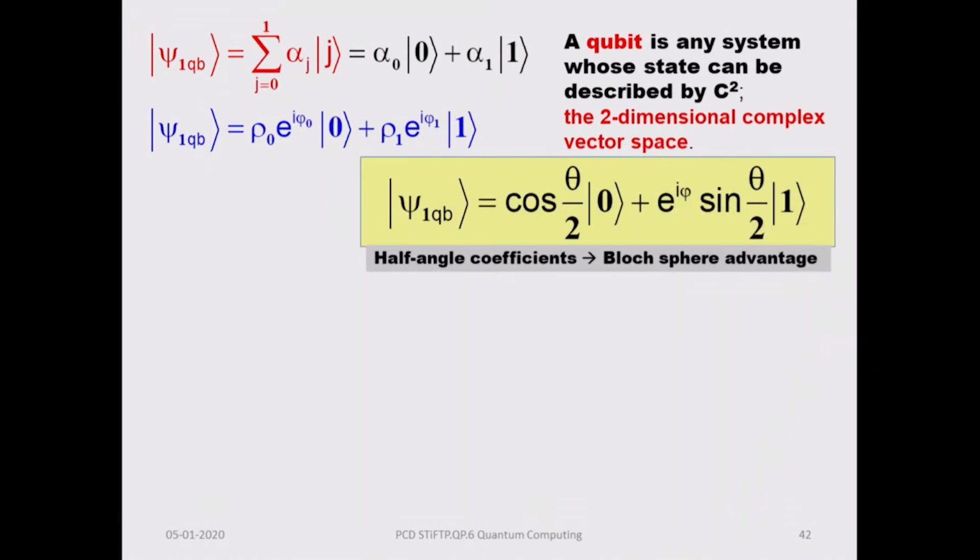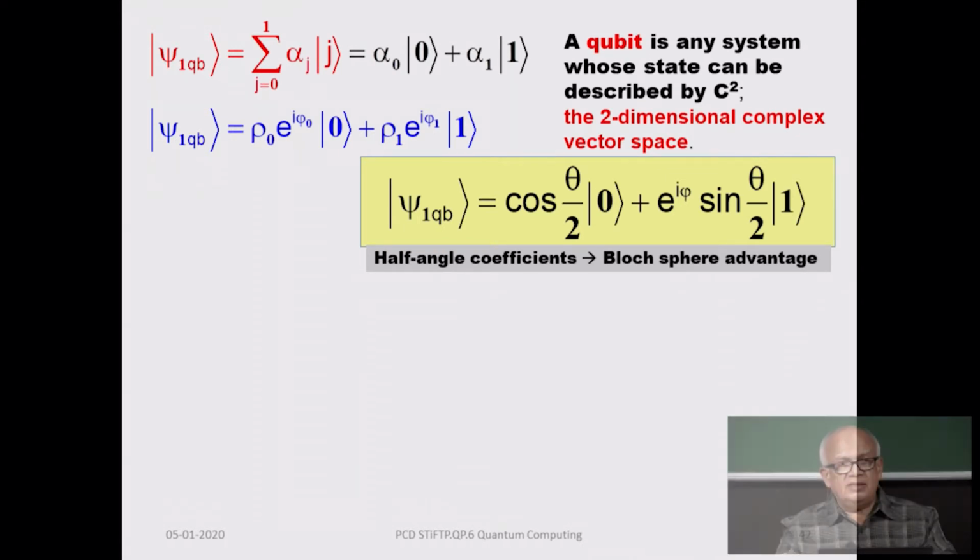And this is normalized, so you can write the coefficients in terms of cosine and sine functions, because for normalized states the sum of the modulus squares of the complex amplitudes goes to unity, and that is a nice property that the cosine and sine functions have: cos square theta plus sine square theta always goes to unity, and you can absorb the phase factor in this e to the i phi.